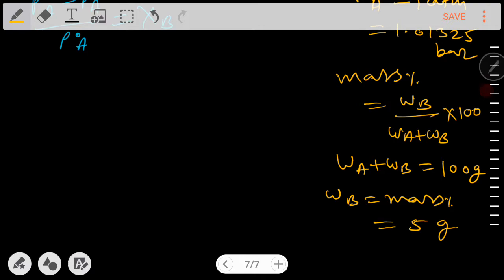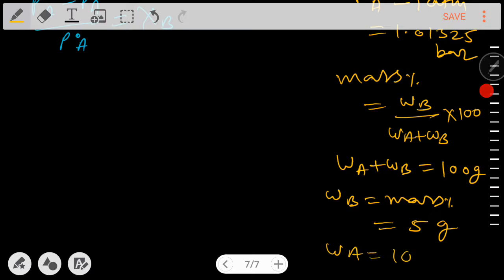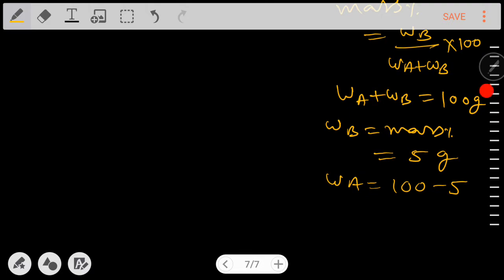Mass percentage is given here as 5%. So if you take the solution as 100 gram, then WB, the mass of solute, will be equal to the mass percentage, so its value will be 5 gram. So what will be WA here? That is 100 minus 5, means 95 gram.